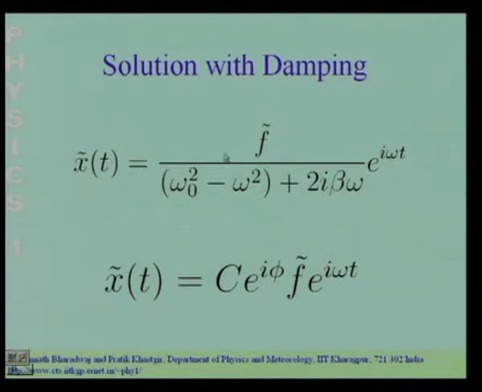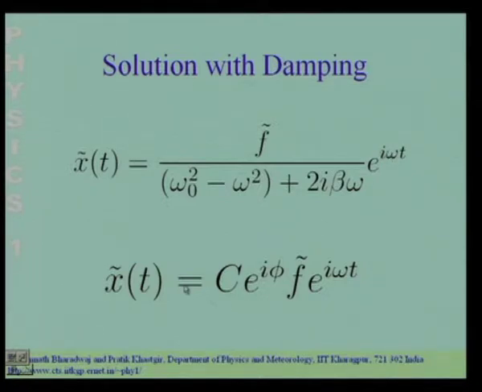If there is no damping present, then the coefficient is real. If you have damping, then the effect of the damping is that it introduces an imaginary part in the coefficient which relates the displacement to the force, and you now have a complex number relating the displacement to the force.